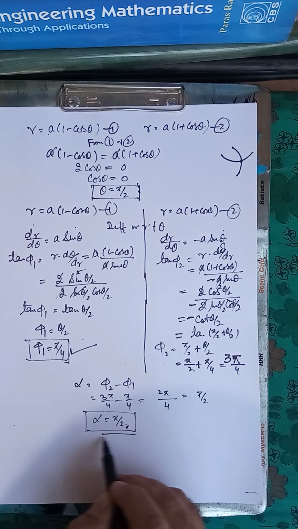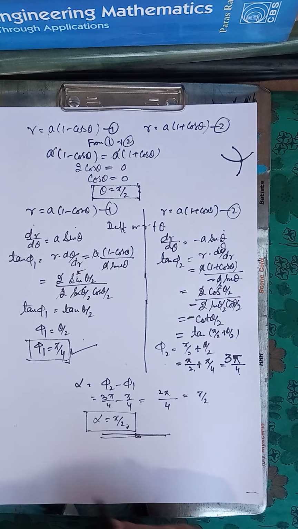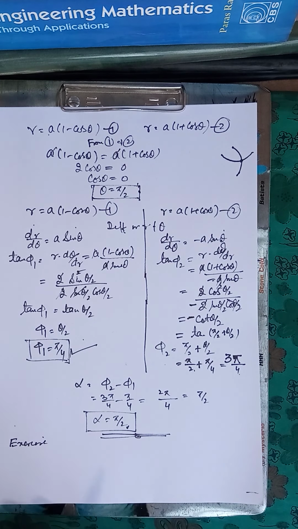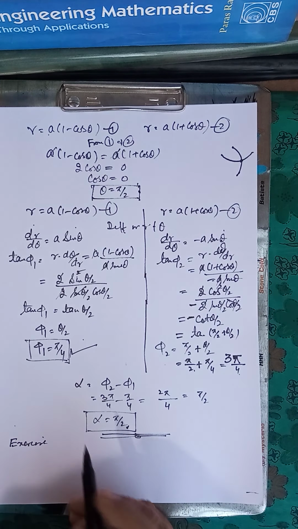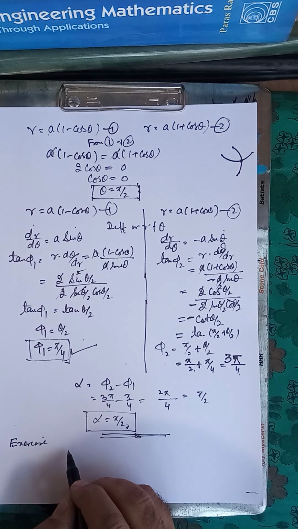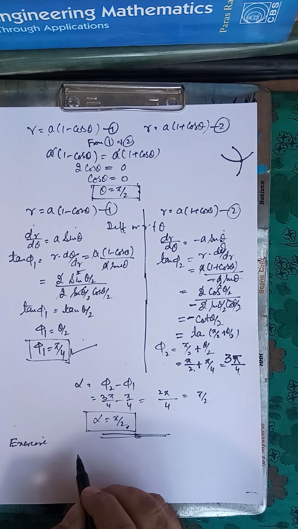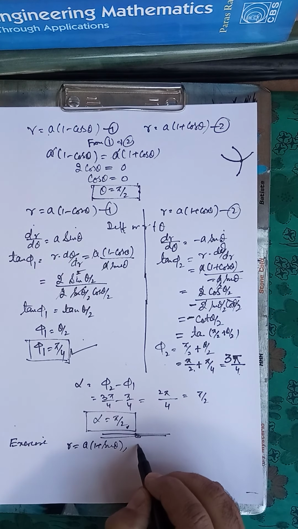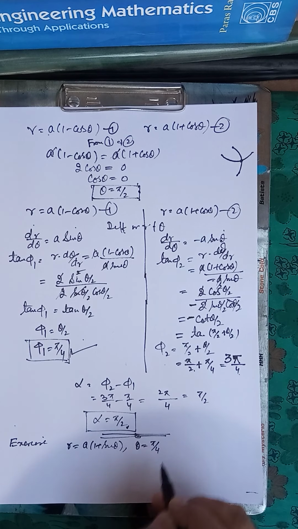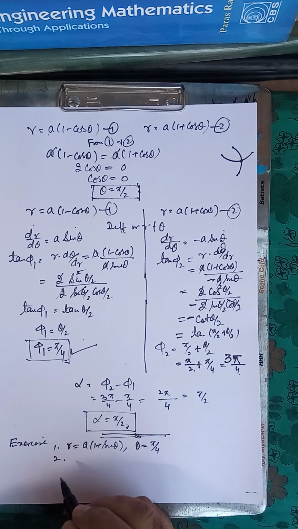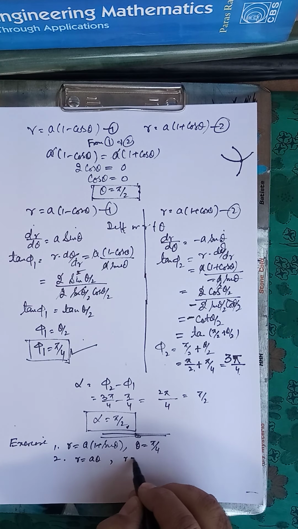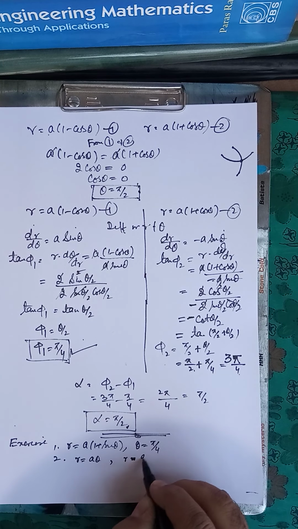I will note down a few exercises. You have to do them at home. Questions are: you have to find the angle of intersection. Say r equal to a(1 plus sine theta), theta equal to pi by 4. Then you have to find the angle of intersection of r equal to a theta and r equal to a by theta.